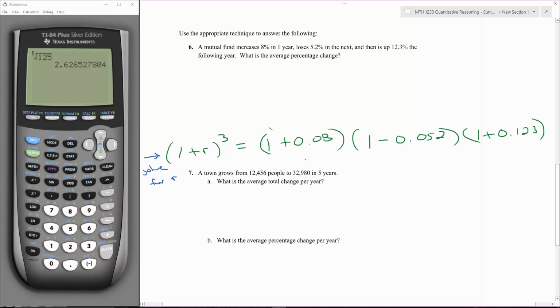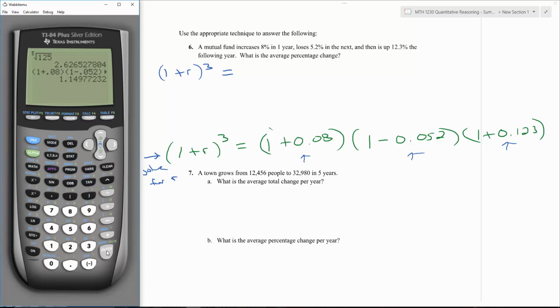So I can just plug in my calculator to find what this product is. These things multiplied, so I would have 1 plus r cubed equals. We can just type this in: 1 plus 0.08, times 1 minus 0.052, and then times 1 plus 0.123.